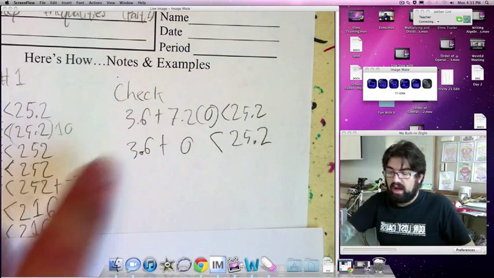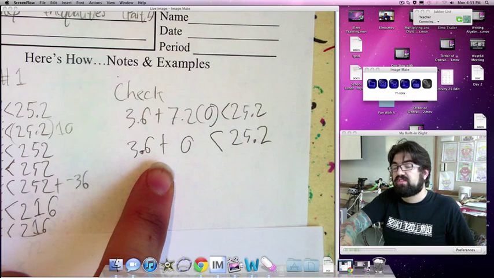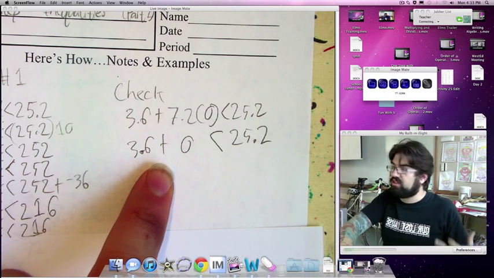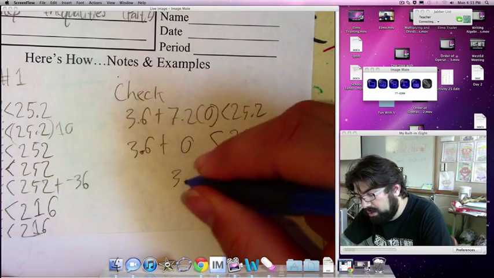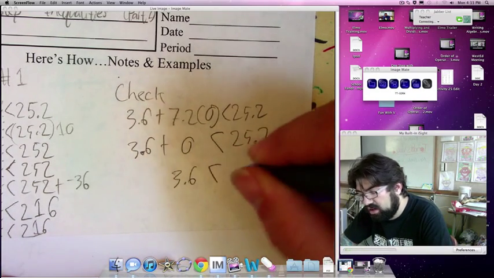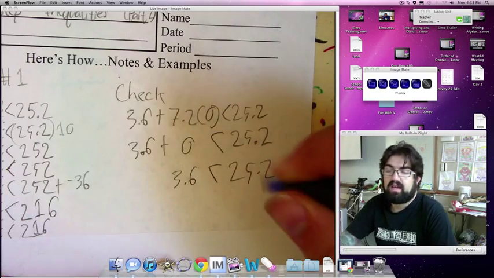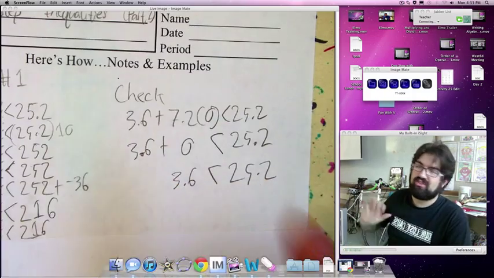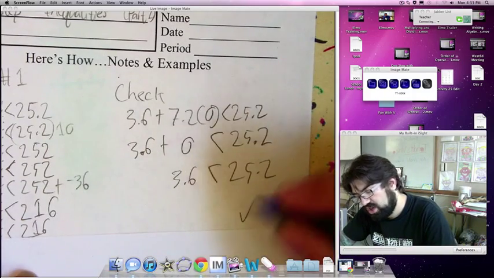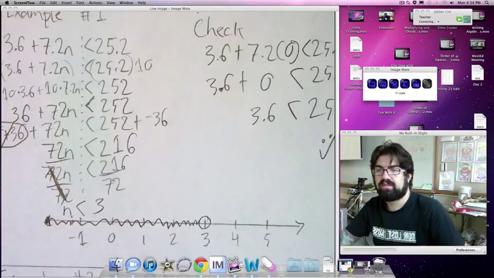Well, 3.6 plus 0, we're going to use the identity of addition, and we got 3.6 is less than 25.2. And 3 is definitely less than 25. So the decimals don't do much. Check. So here's my solution to this one.